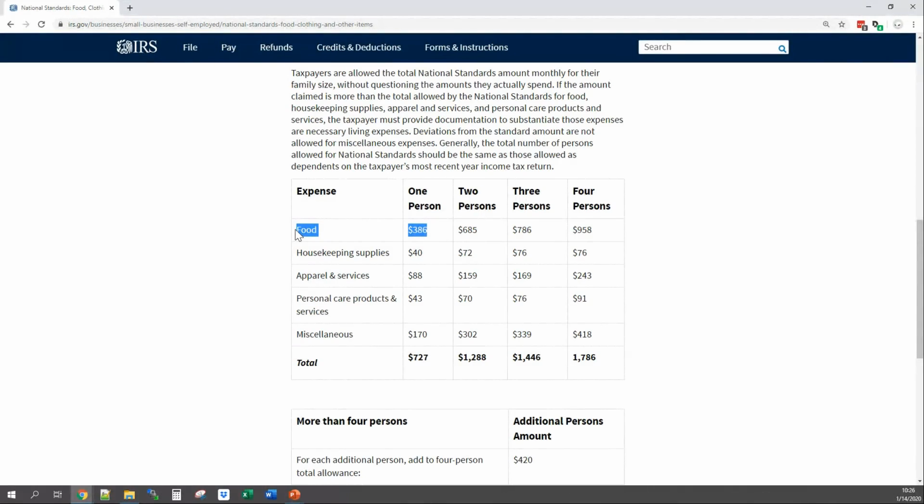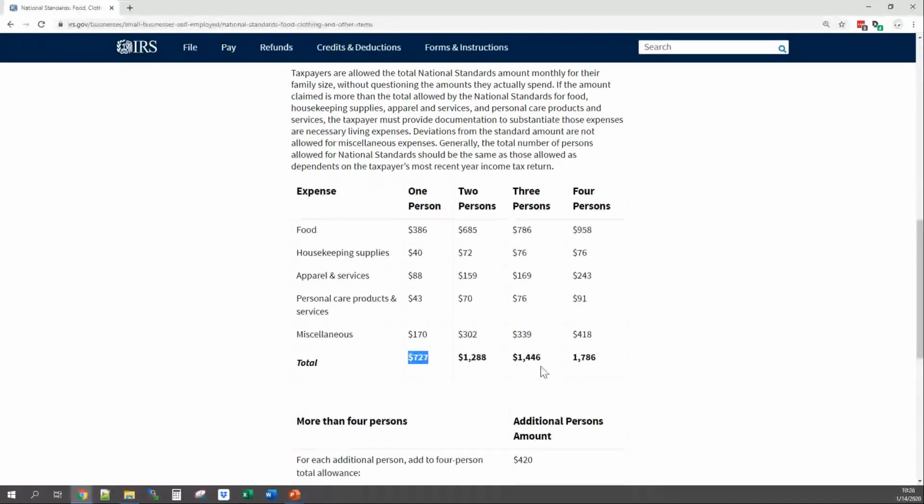And I'm going to have to come up with 3 months worth of grocery receipts showing that this is what I actually spent, in order to be allowed a higher amount. But if it's less than or up to the $727, then you can put on the Form 433A the entire $727. For 2 people, it's $1,288.